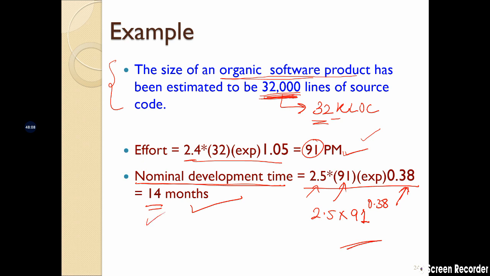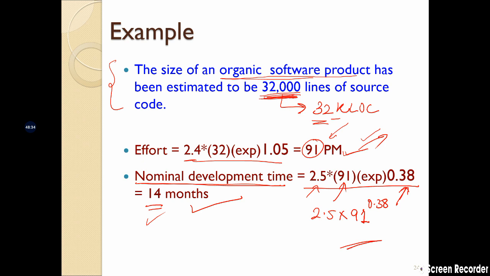Now you can talk to the customer and you can reduce the nominal development time. If the customer says, no, I don't want it within 14 months, I want it within 12 months, then you can think about increasing the number of people. But the cost of the product can be found from the effort which is required.